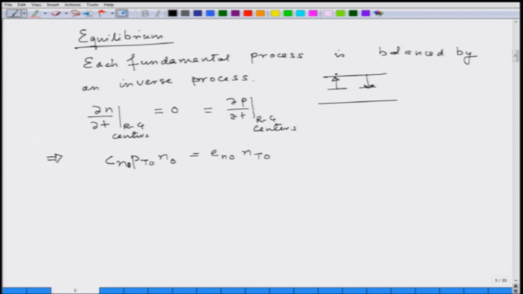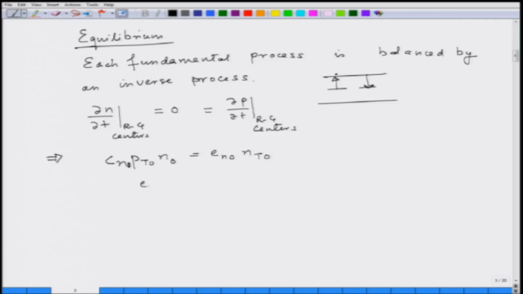Now, this equilibrium statistics gives you a relationship between the emission rate and the capture rate. Let me define them here, because this is what we had used in the last equation.